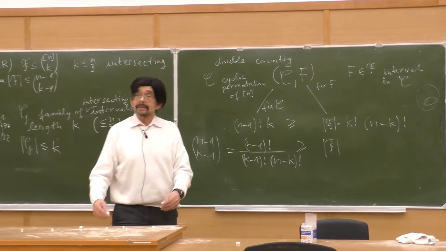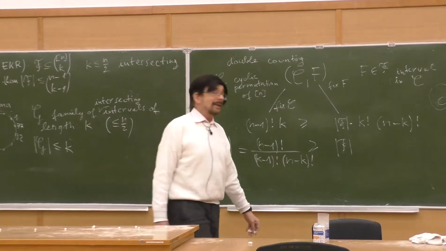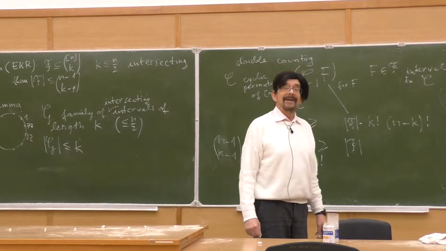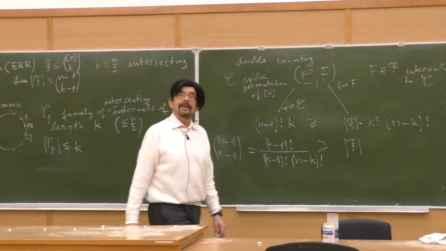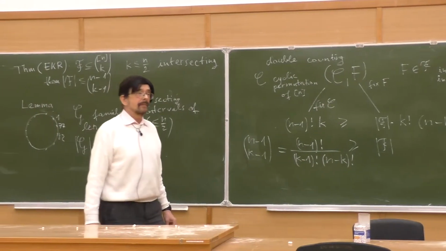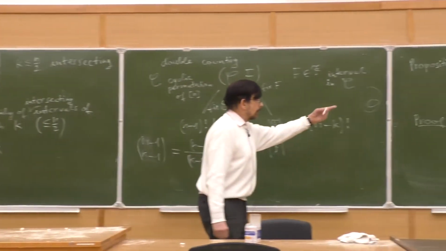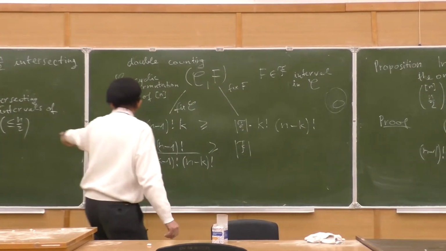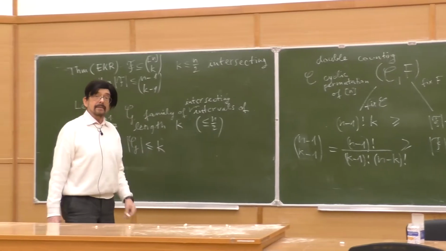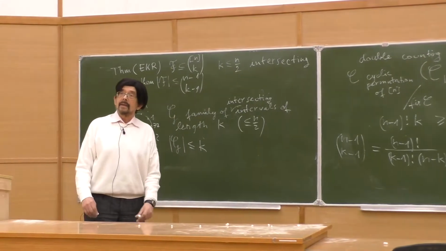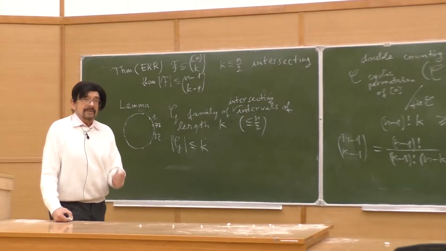Now, I asked the audience, so what is the maximum number? Of course, Sperner property has to be satisfied. So no subset is a subset of the other one.